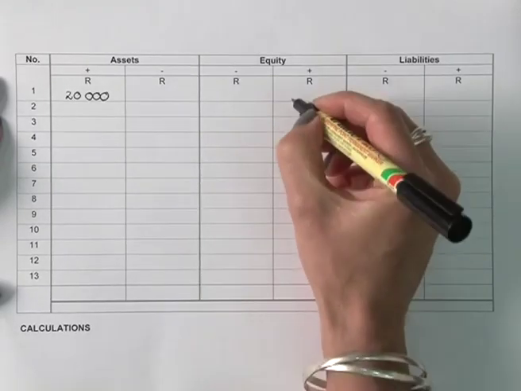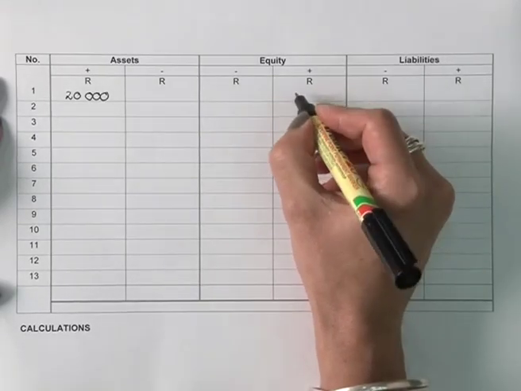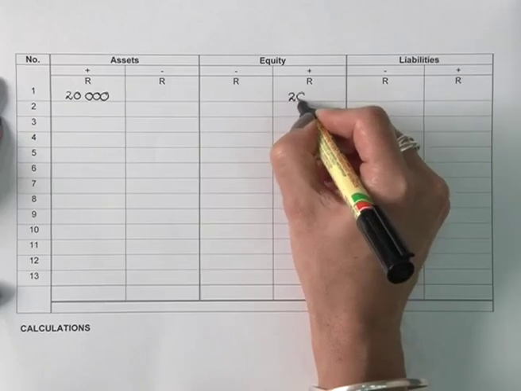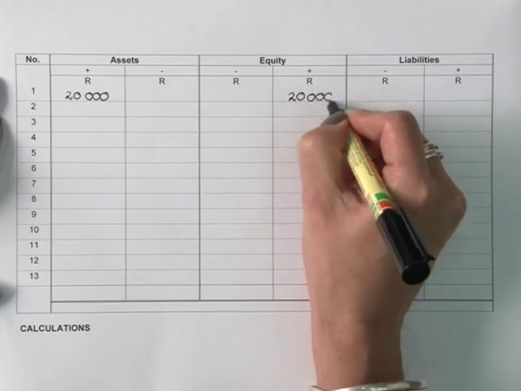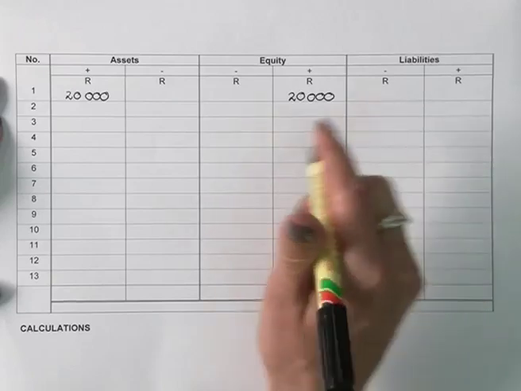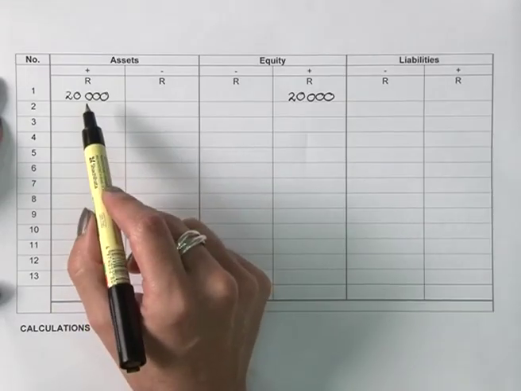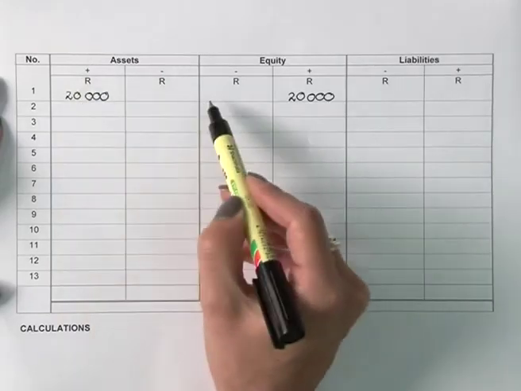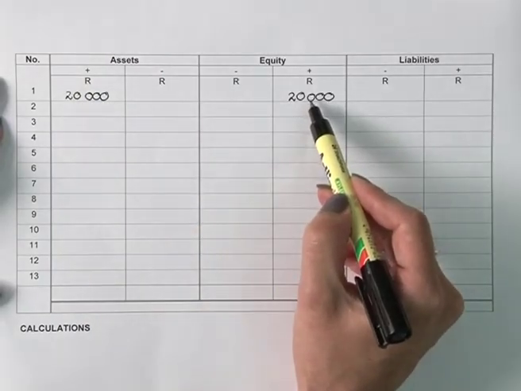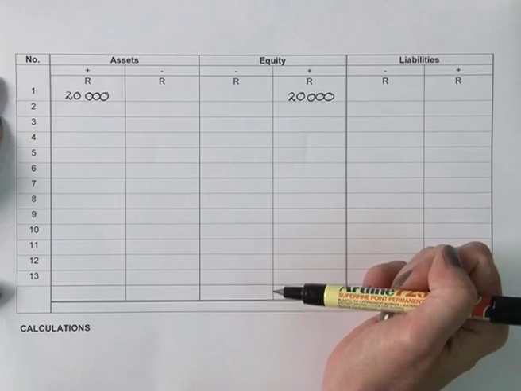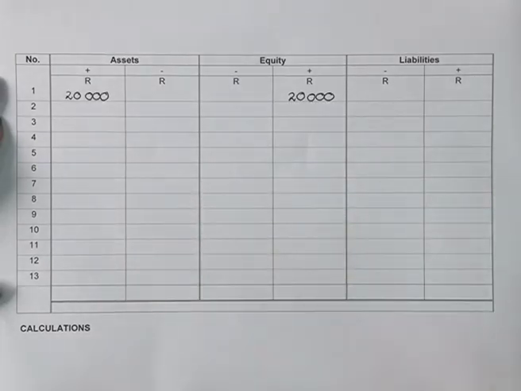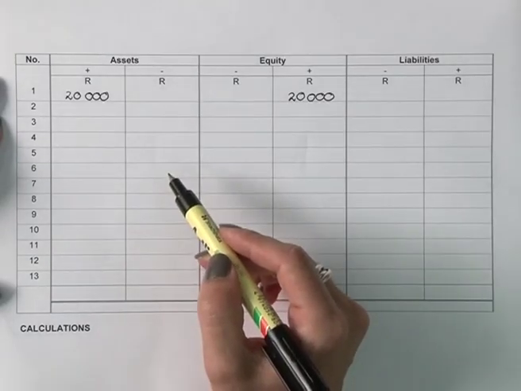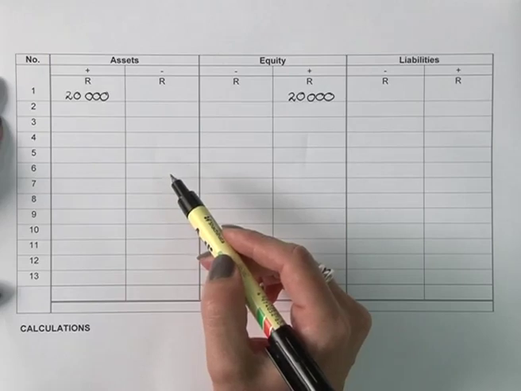So that 20,000 Rand is an input into the entity, which will result in an increase in equity. After our transaction, we can determine whether our basic accounting equation is in balance. Positive 20,000 Rand is equal to positive 20,000 Rand. First transaction handled.